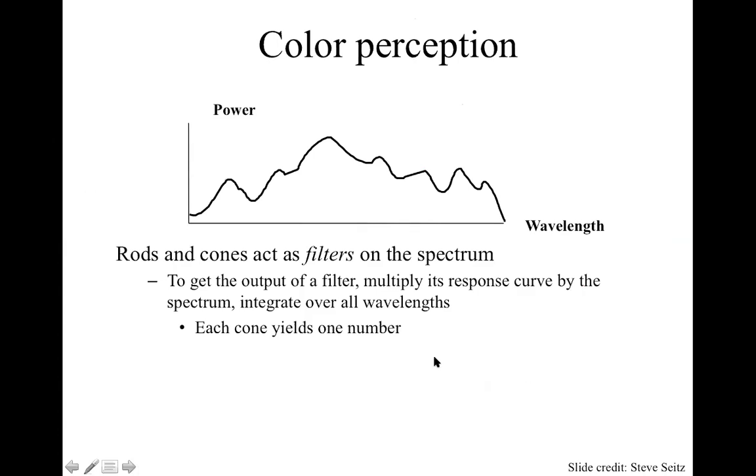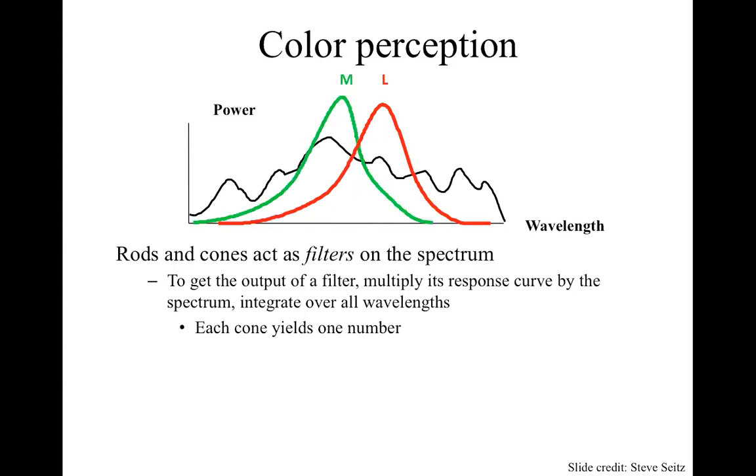Now, our photosensitive cells, rods and cones, are responsible for perceiving colors. What they do is act like filters on the spectrum. Given a spectrum of wavelengths, the long cone will filter it, and so will the medium one and the short one.